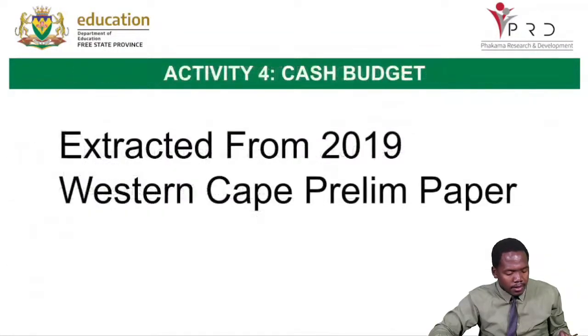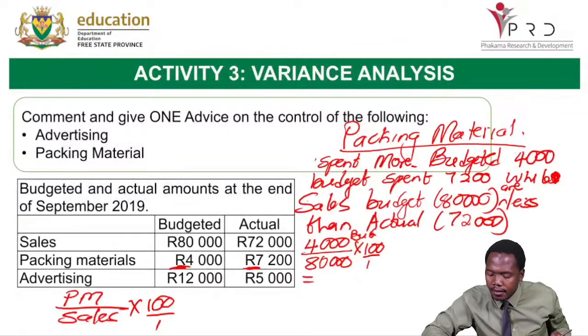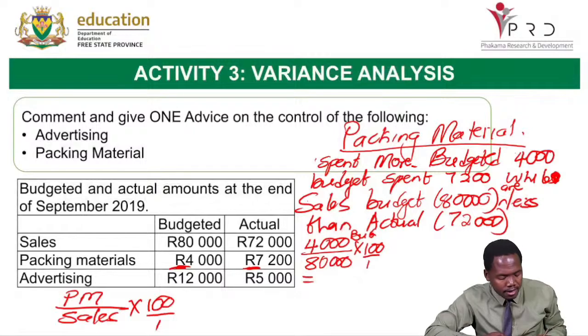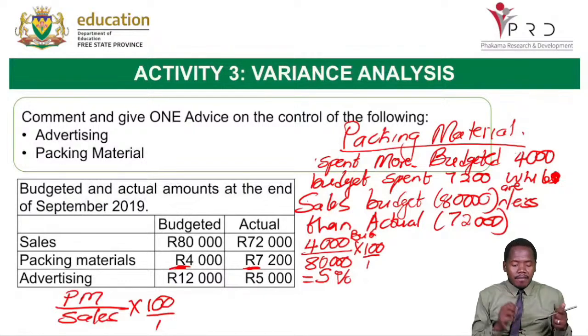Okay, let's go backwards a little bit. 4,000 divided by 80,000 times 100. This is 5%, meaning the business was planning to spend only 5%.